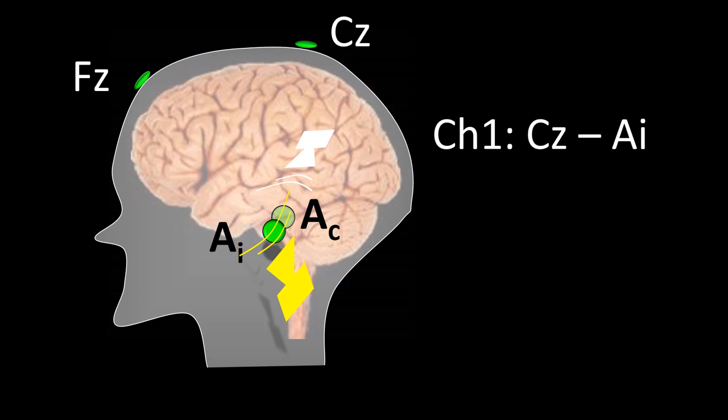Brain auditory evoked responses are usually recorded using two channels. One channel from CZ to ipsilateral ear or mastoid, and the other channel from CZ to the contralateral ear or mastoid.